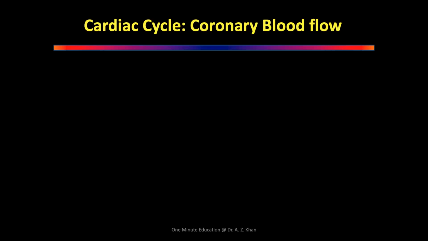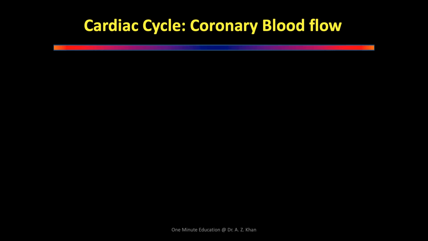Show me what happens in the right coronary artery and the left coronary artery. Just draw a random volume. Show me how the blood will flow in the left and right coronary arteries.